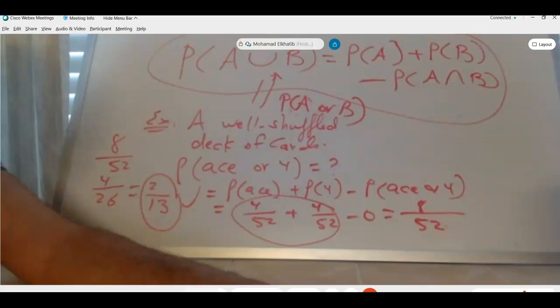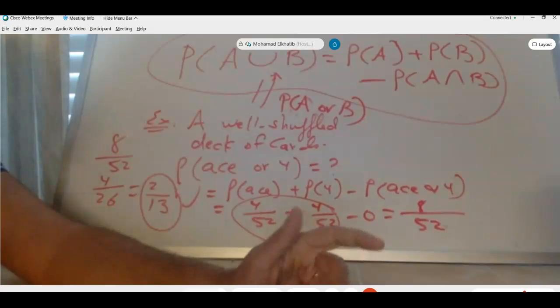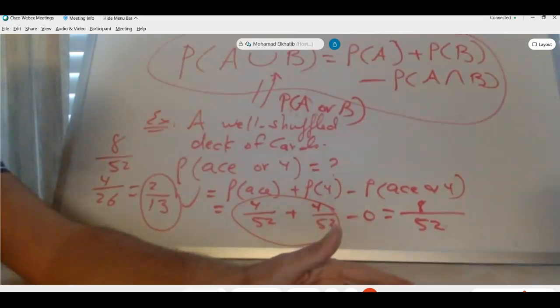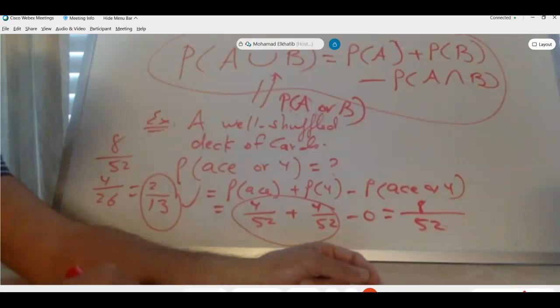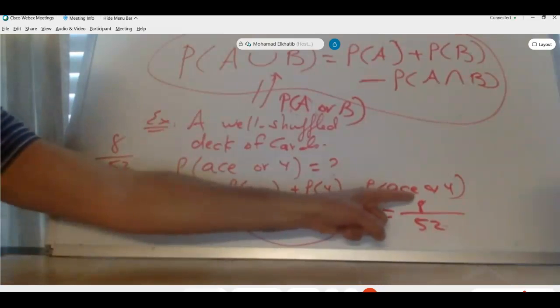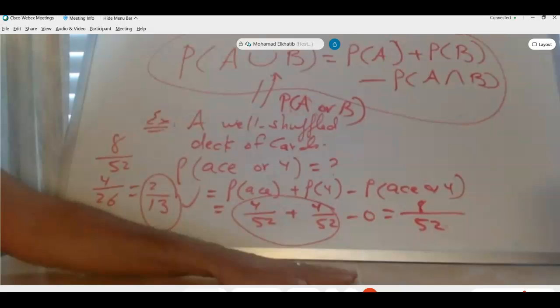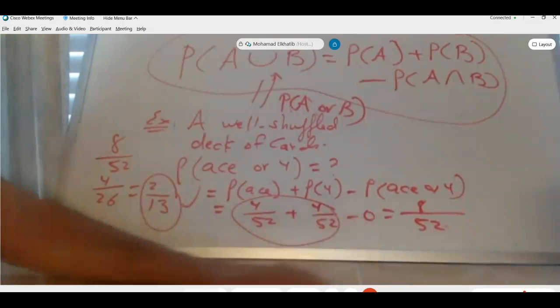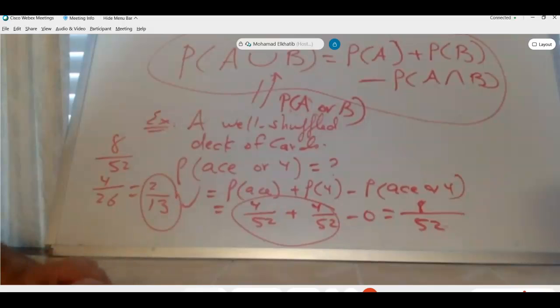The answer is yes, because you have one jack that's a spade, one queen that's a spade, and one king that's a spade. So 3 cards are spades and face cards. Then I'll have something in common. But the aces and the 4s have absolutely nothing in common. That's why you put a 0. Okay? All right. Go ahead and copy it and see if you have any question.